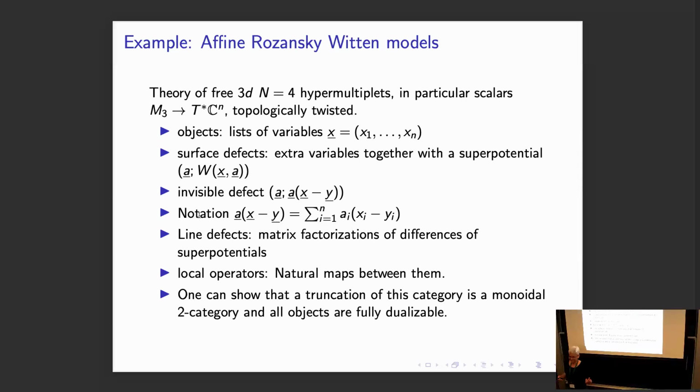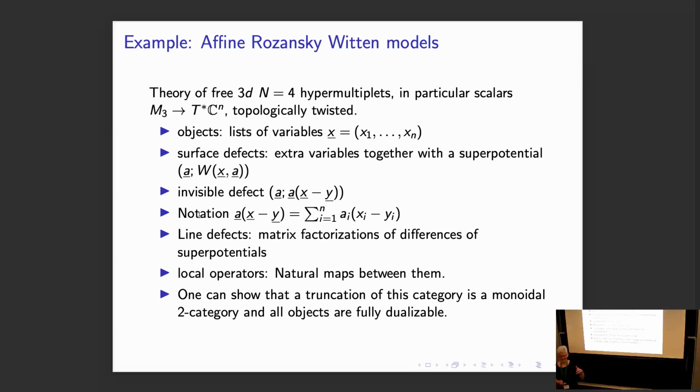I'm always in this twisted situation, so I wouldn't actually add a vector multiplet, but would only see any remaining gauge symmetry part by making things equivariant. So we would add that and impose that the superpotential is invariant and things like that, yes.